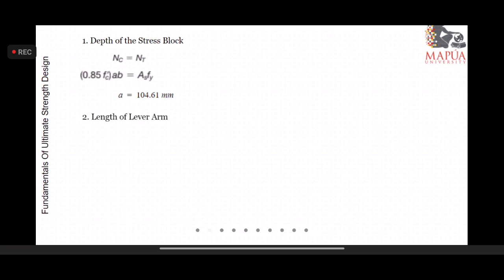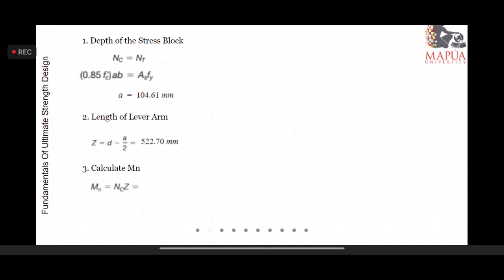And then we compute for the length of the lever arm, which is equal to D minus A over 2, which can be computed because of the given effective depth, and that is equal to 522.7 millimeters. Then we compute the nominal moment.